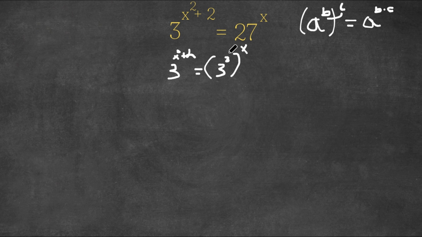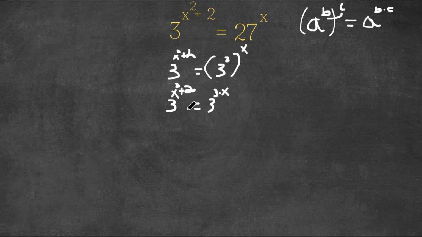So over here we have 3 to the power of 3 to the power of x, and this is equal to 3 to the power of 3 times x, which is just 3x. And this is still equal to 3 to the power of x squared plus 2.